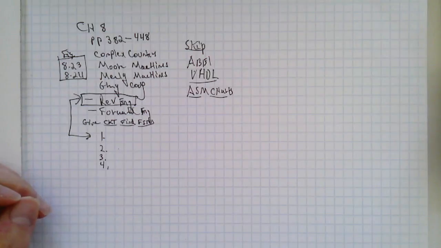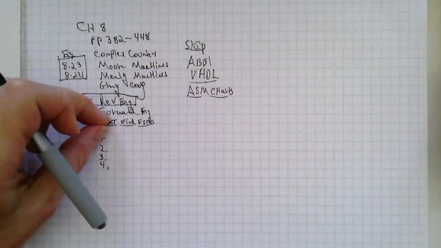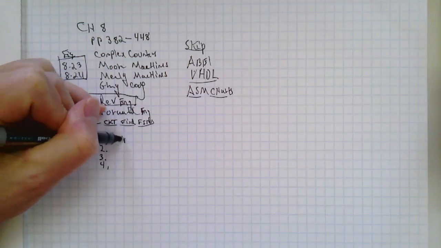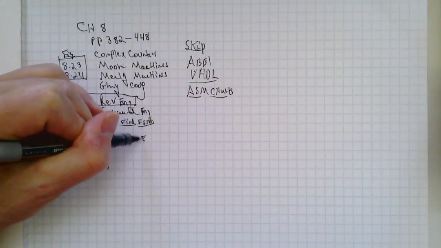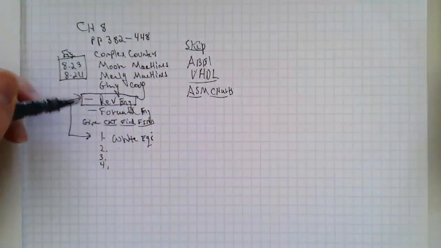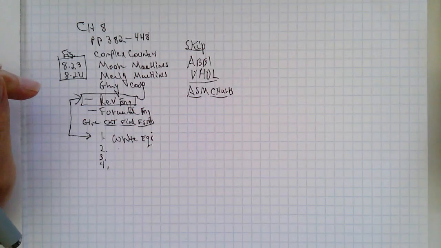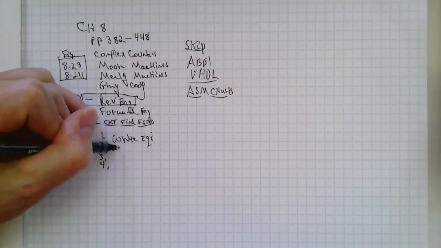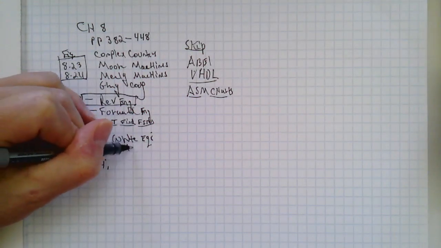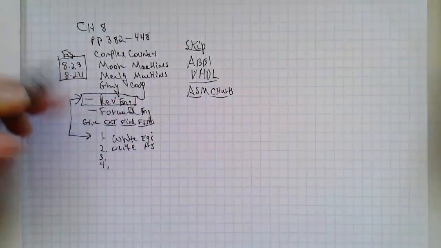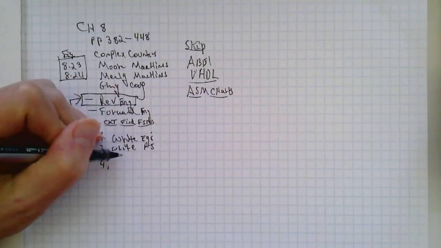First thing you want to do when you've got a circuit is write the equations of the circuit. Second, you write the present state. Then you come out with the remapped excitation table.